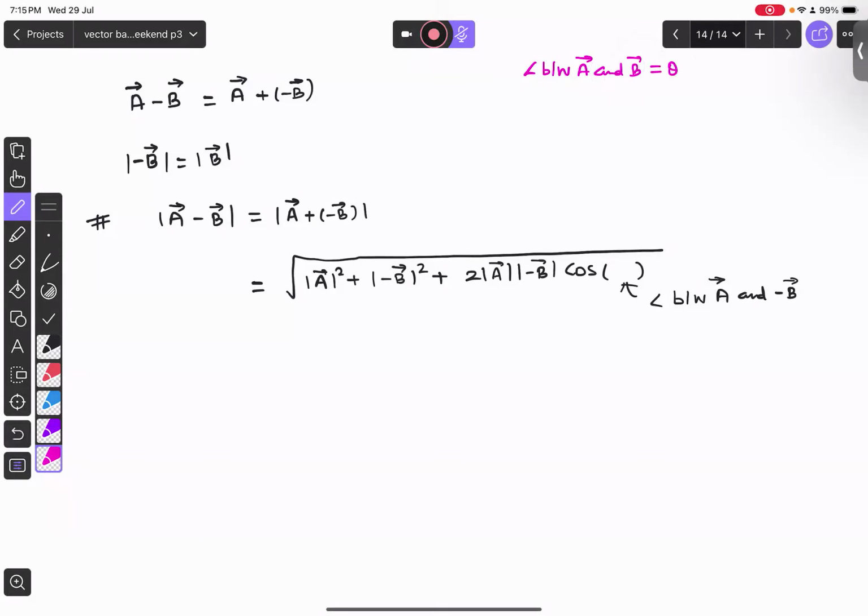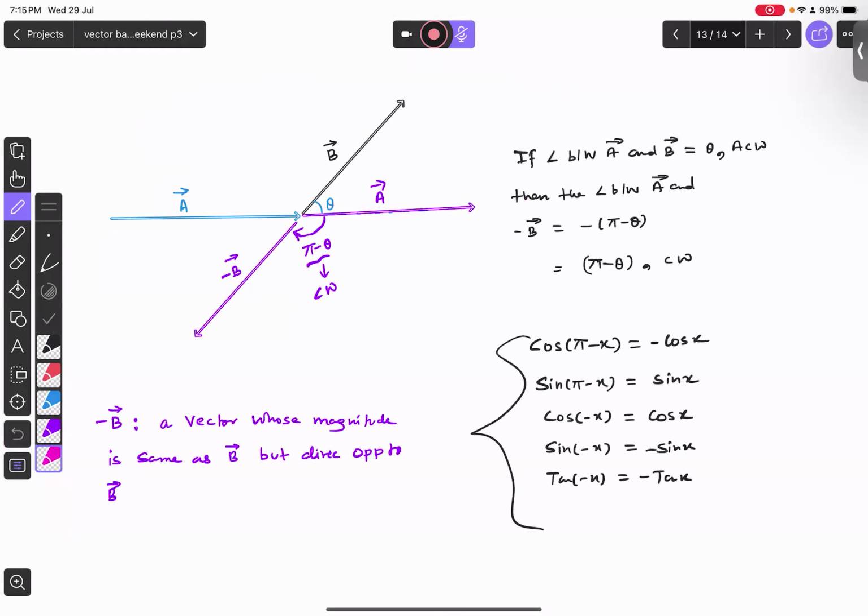Can you show the previous page for one minute? Thank you, sir.